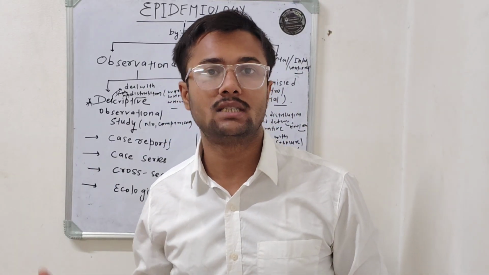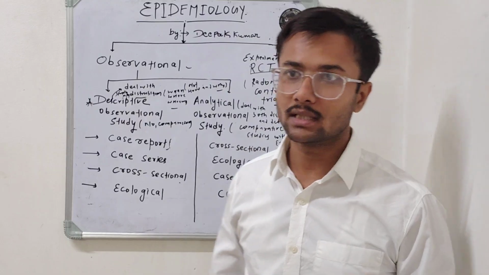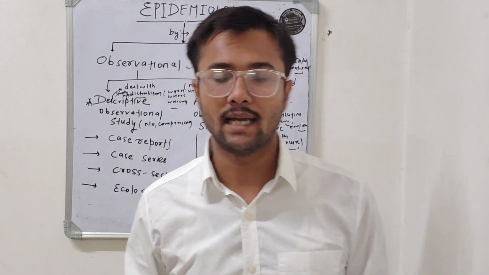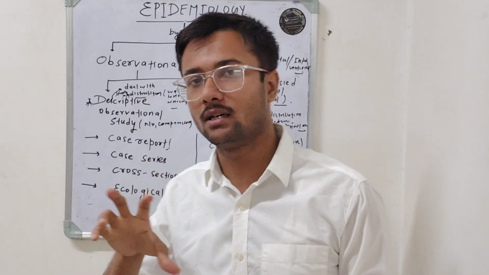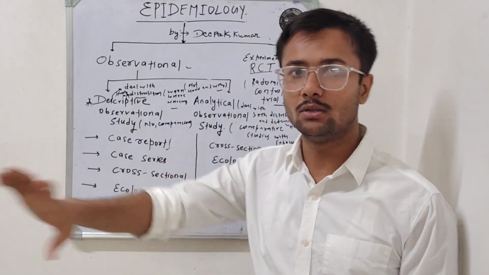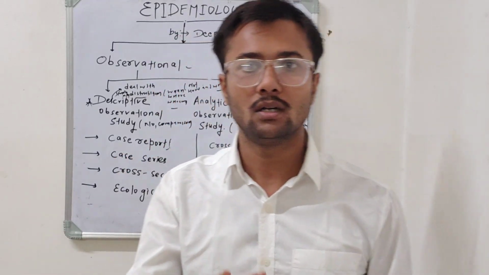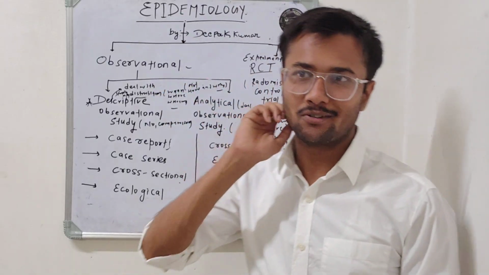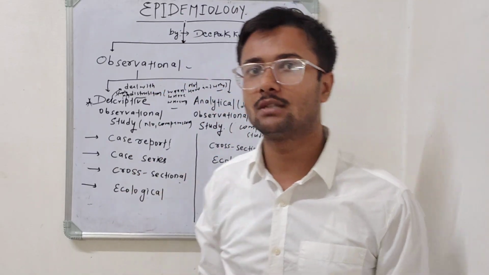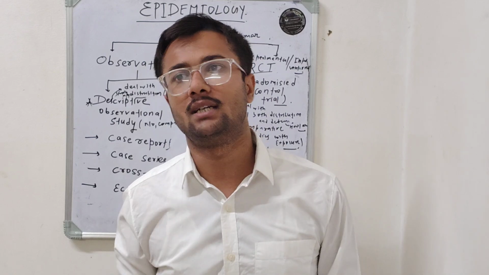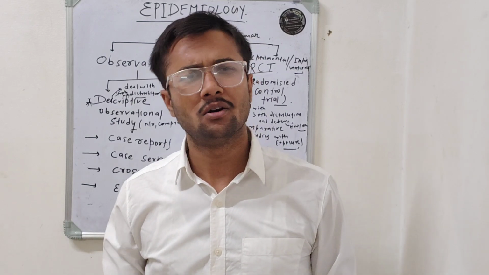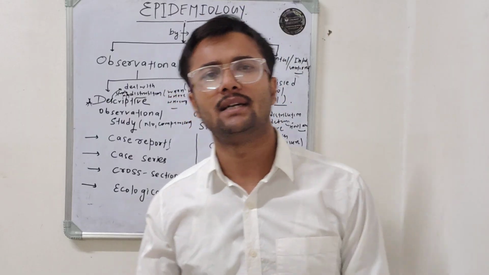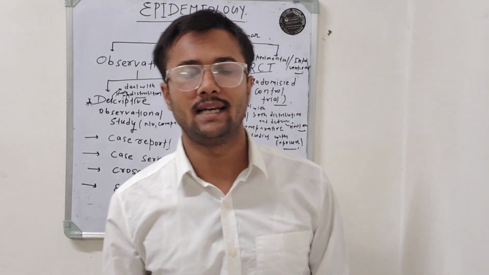Why do we call it an experimental study? Because here the researcher is going for an experiment. They do an experiment on patients, and they can also do experiments in a normal or generalized population.